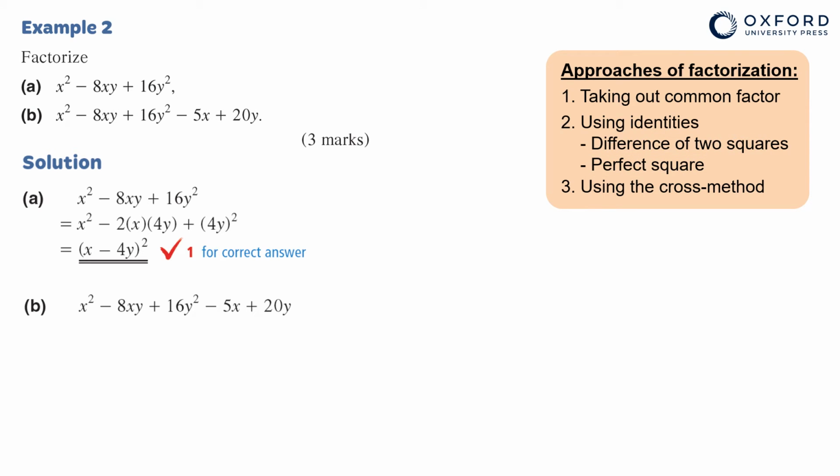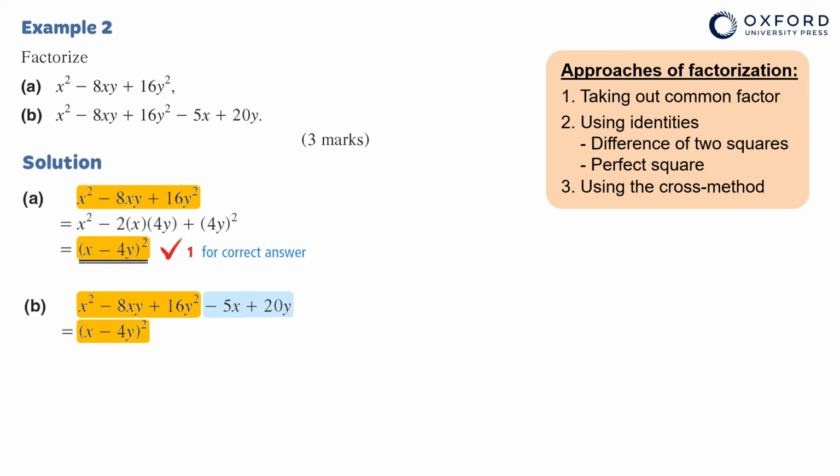In part B, same as what we did in question 1, part of the expression is exactly the same as that in part A. Therefore, we can first apply the result obtained in part A to part B, putting this part as x minus 4y whole squared as the first step.